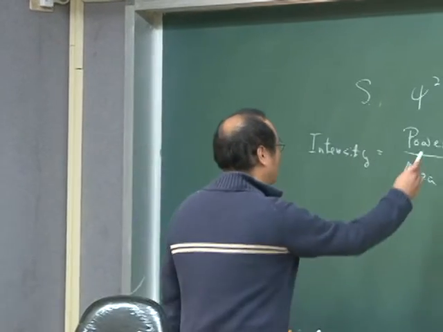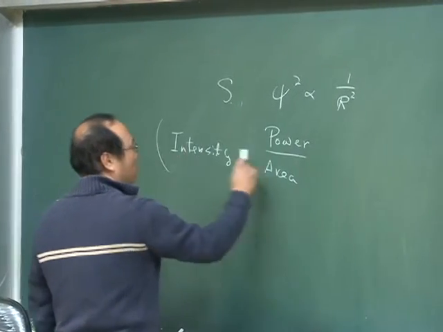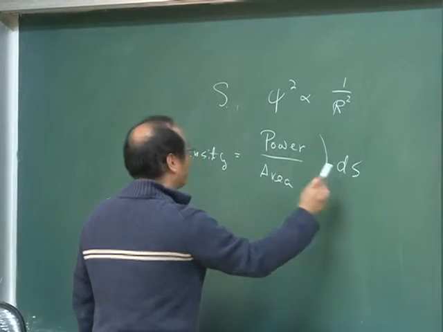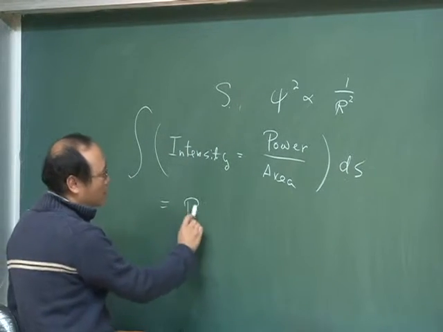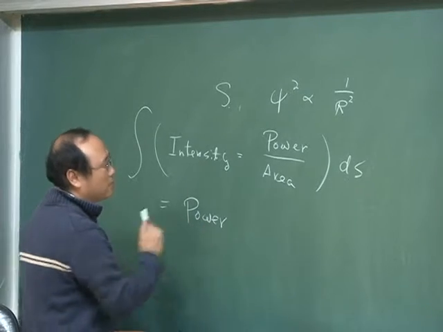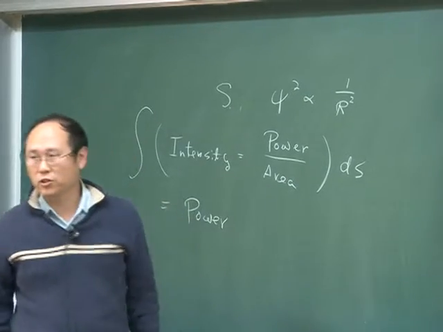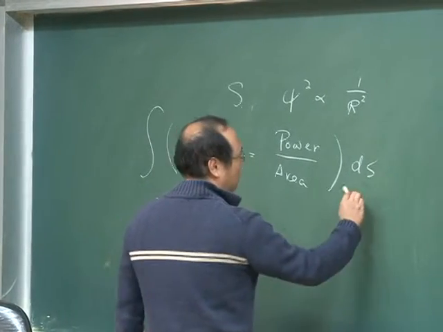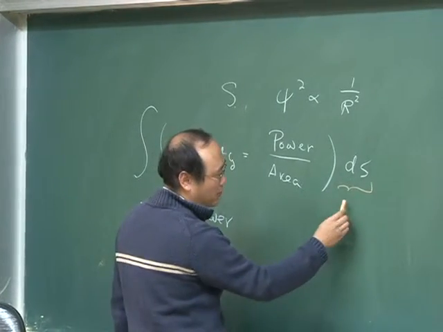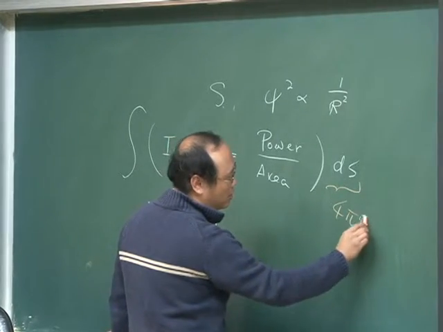Why? Because if you integrate over the whole surface, you end up with power. For a spherical surface S, the area is 4 pi R squared.